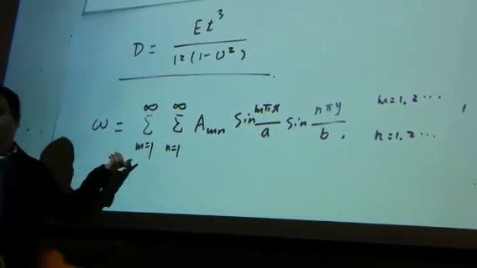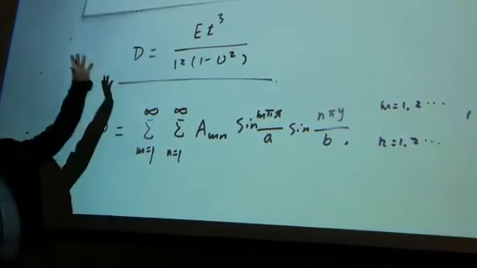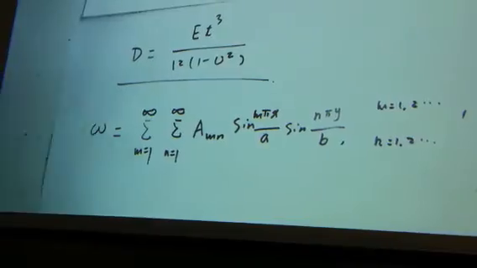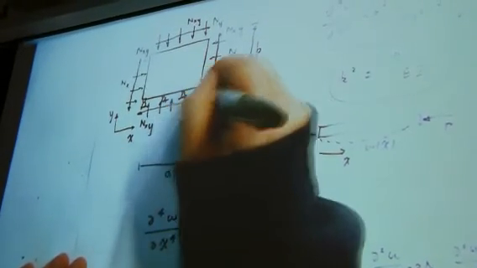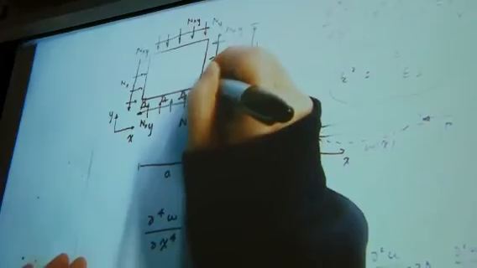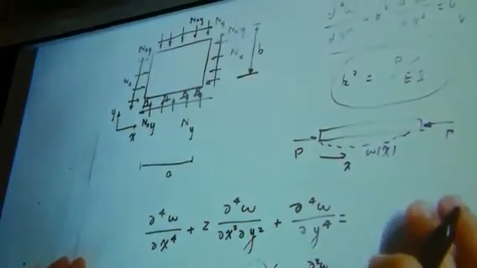Why are we assuming a function like this? Because we are dealing with, I should say, the boundary condition of this plate. All four edges are constrained by rollers or pinning. Okay, all of the edges of this plate are constrained by pinned joints.